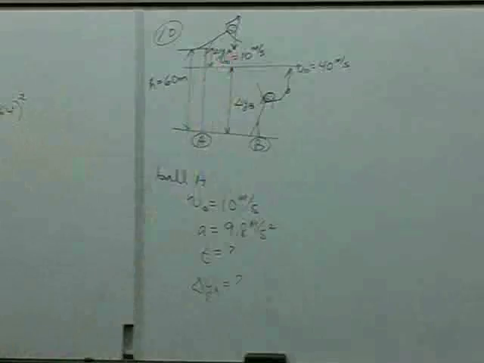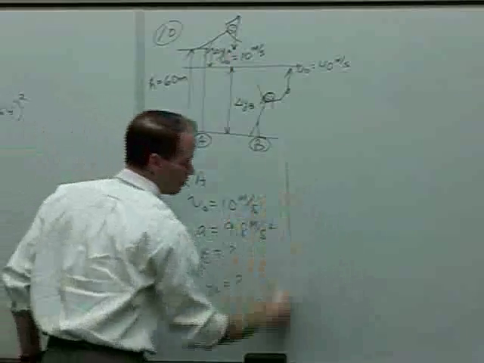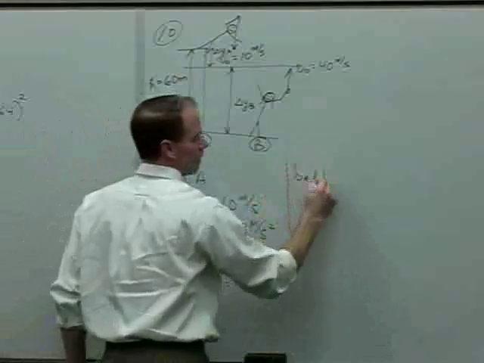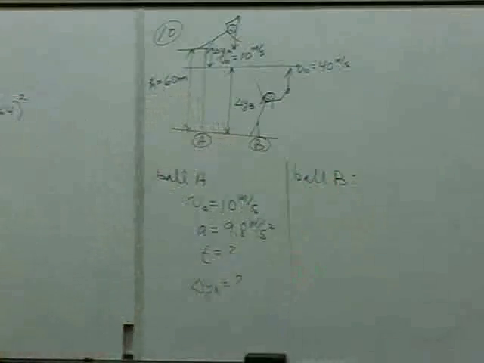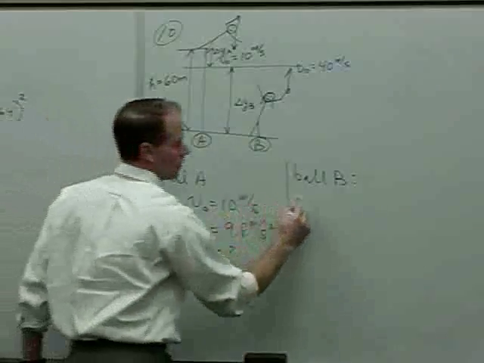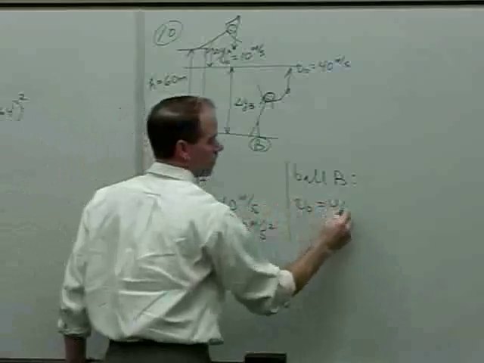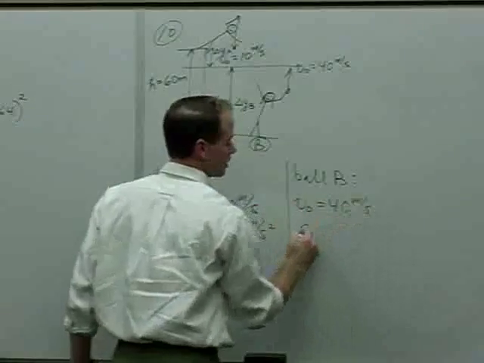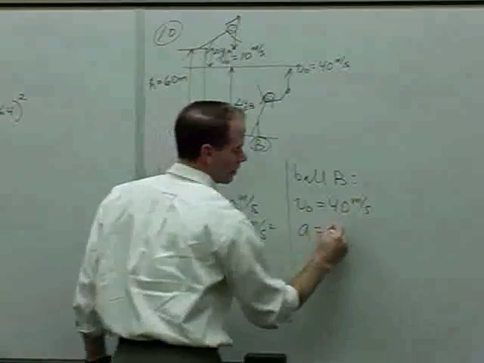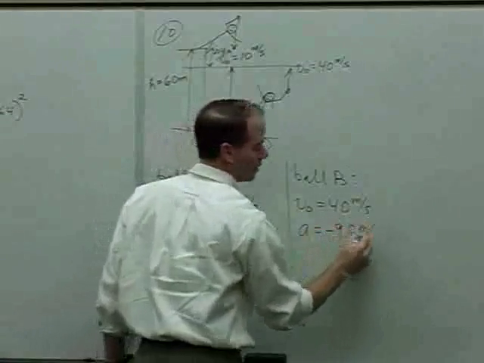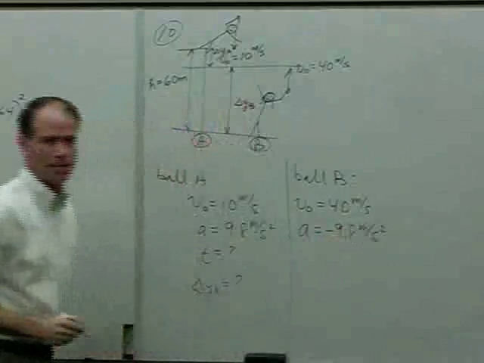All right. What do I know about ball B? Initial velocity is 40. Acceleration is negative 9.8. So it's different if I'm going to describe it in terms of what it's doing.